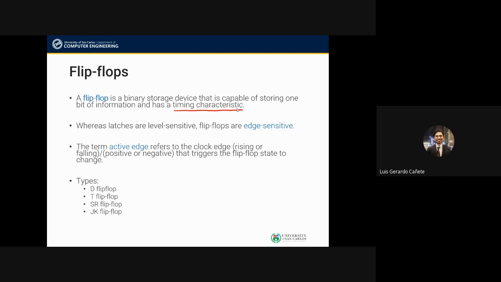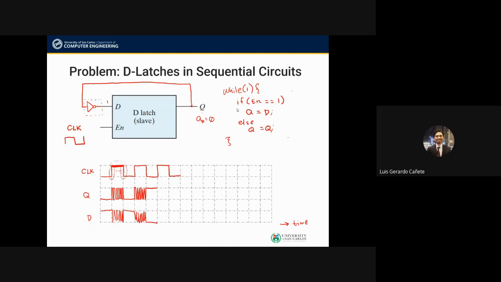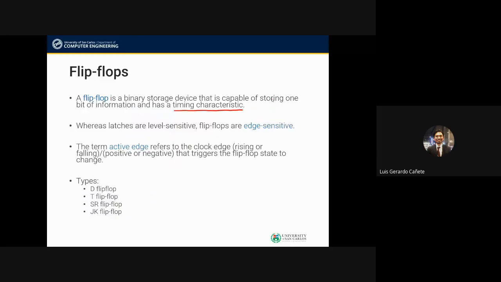If we go back, see here that we are waiting for when enable is equal to 1. So it's not so much about the timing with the latches, but for flip-flops, it is. Whereas latches are level sensitive, so either 1 or 0, flip-flops are edge sensitive. So the term that we use is active edge.